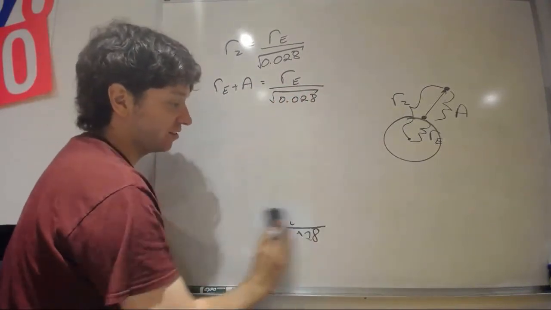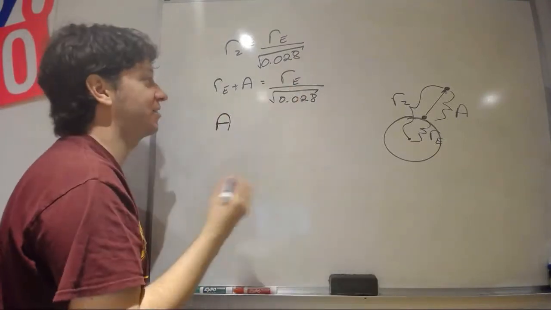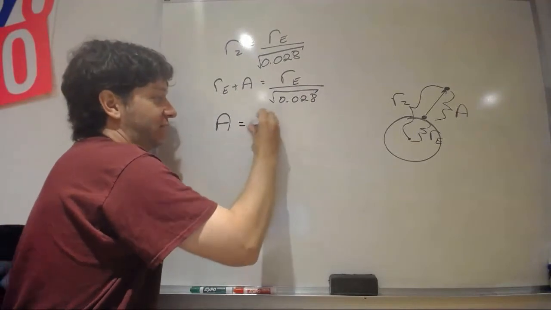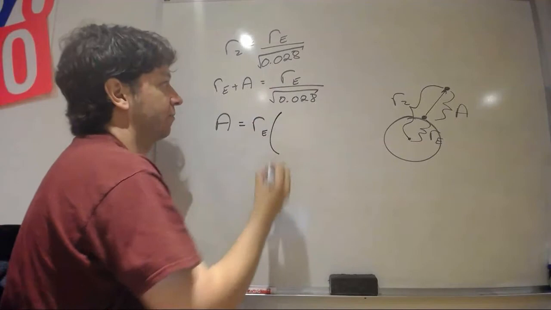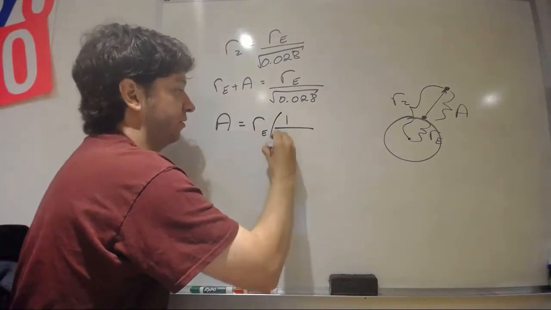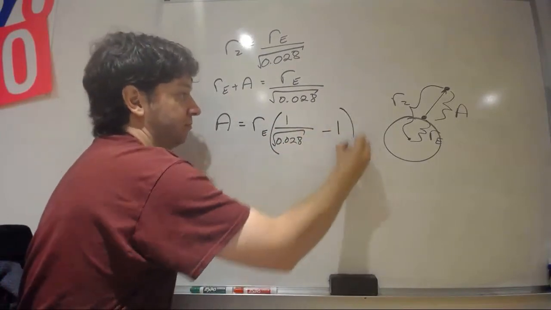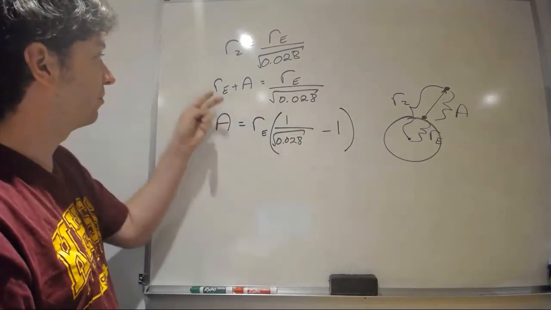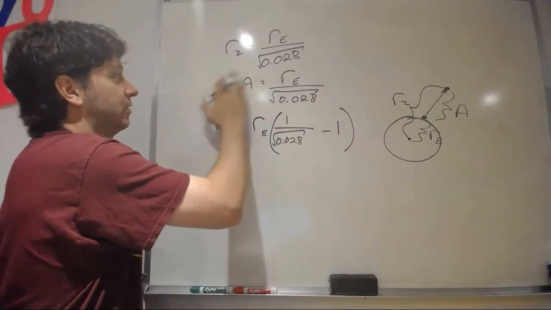And we just want to solve for A. So again, solving for A now, bringing RE to the other side. And we can even factor out an RE, because it says express it as a multiple of that. You get 1 over the square root of 0.028 minus 1. Because that 1 comes from the RE that we brought over and, well, subtracted on the other side.